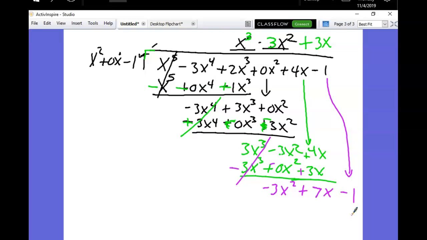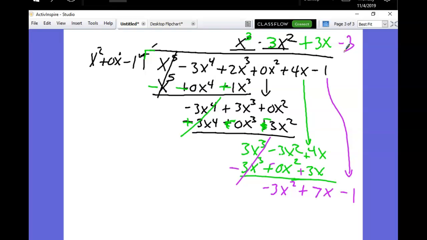Let's do the last one. Hopefully you guys have gotten a little bit. I don't want to spend too much longer on it. So Sophia, what's going up here, Sophia? Negative 3, I like that. Good. Because that's what you'd multiply this by to get that. Continuing on.